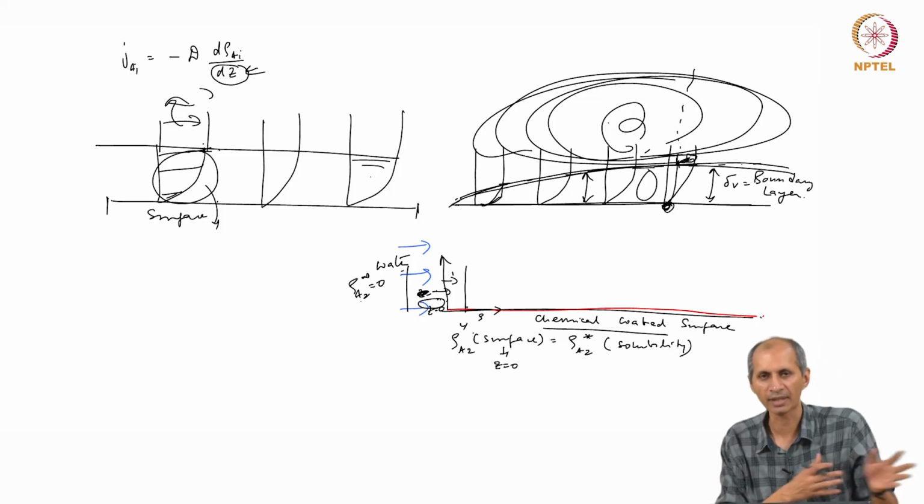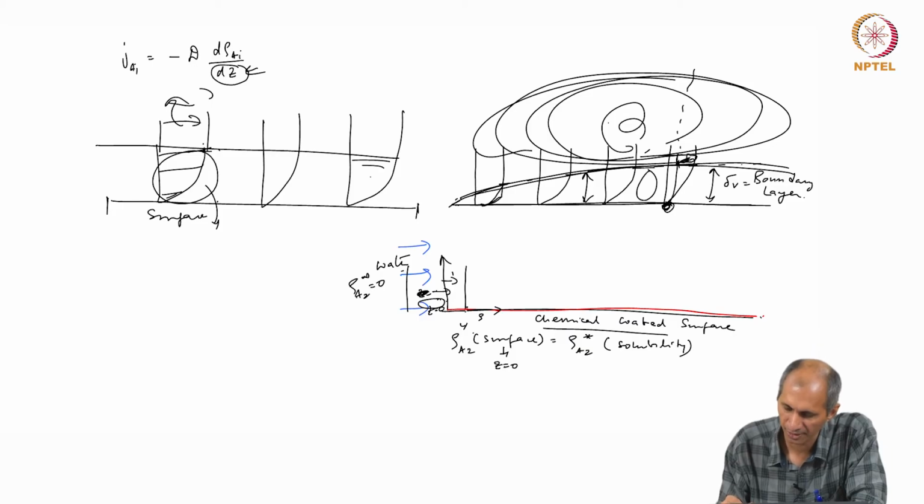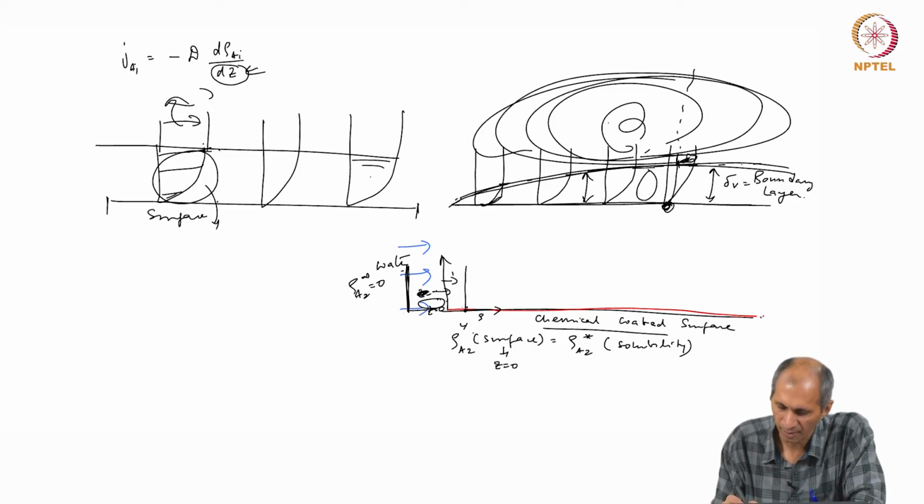There is no A in the water that is coming towards this surface. As it approaches this surface, the profile is 0, there is no A. Then a small amount of concentration has come. As it goes further, there is a little bit more increase, and a little bit more, and so on.